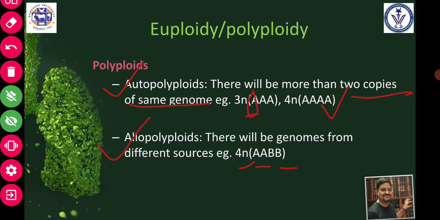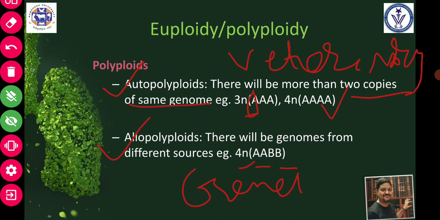But if you want to know specific examples of these chromosomal aberrations in animals, then it's better that you refer to the book Veterinary Genetics by Nicholas.